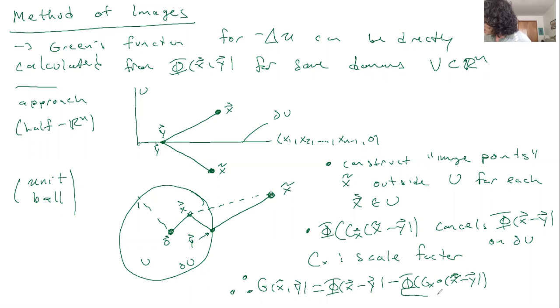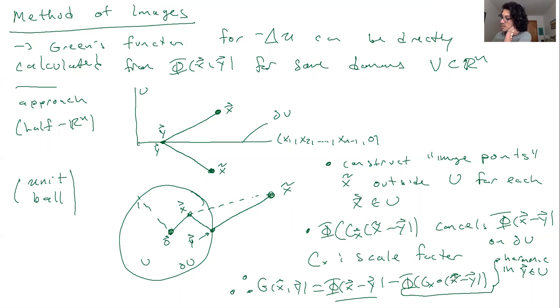And the point is this thing should be harmonic in y living in U. Remember, phi of x minus y is not completely harmonic because of the singularities, but this thing will be.